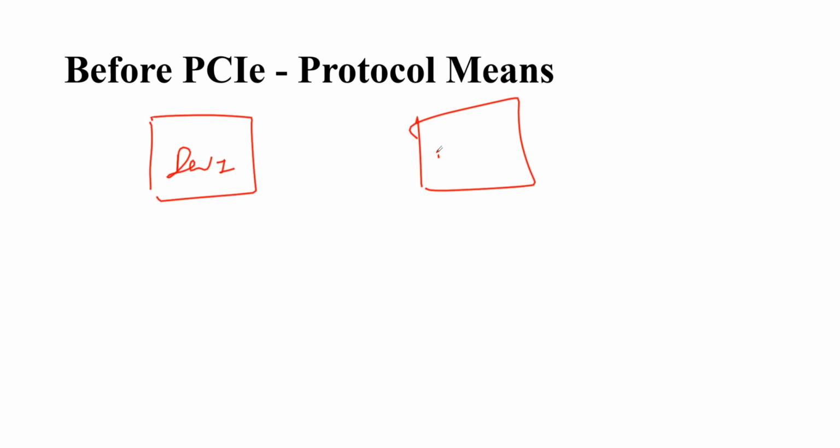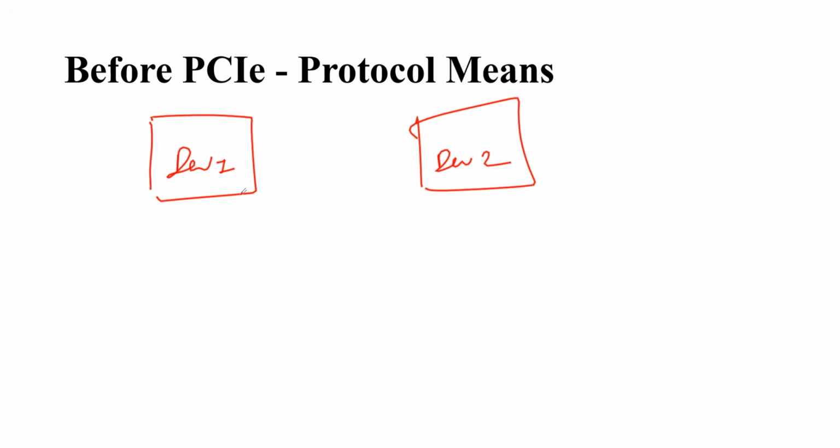Before starting this PCIe protocol, first of all, let us understand what a protocol really means. In simple terms, let me include two devices. Let's say we have device 1 and device 2. Now I want to establish communication between these devices.